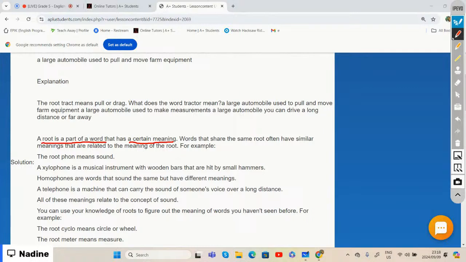Because remember, we said biblio means books or of books. We said gram means writing. And we also said lingu means language.